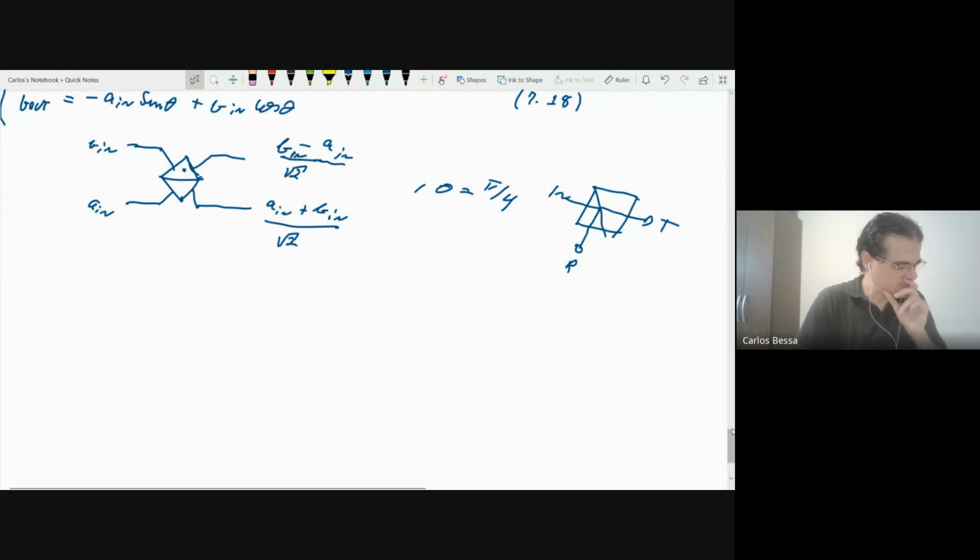Yeah, and for B dagger it's the same. The only difference is plus here and minus here. So this is the B and the B dagger, like in the Nielsen-Chuang picture. They represent it this way. This dot here just says that this is the beam splitter, and this is the conjugate, the dagger.